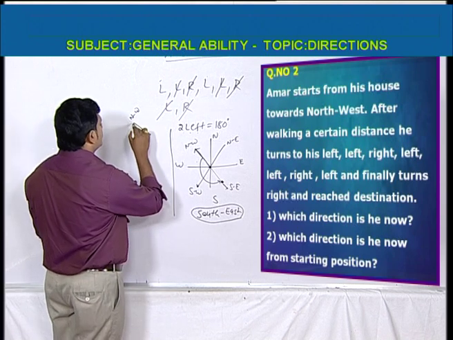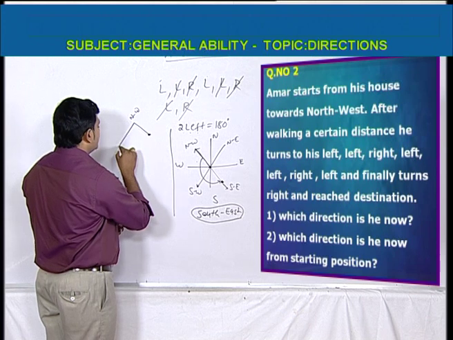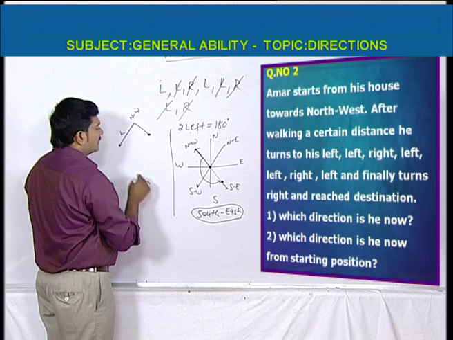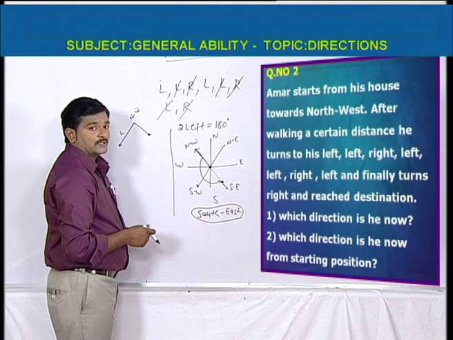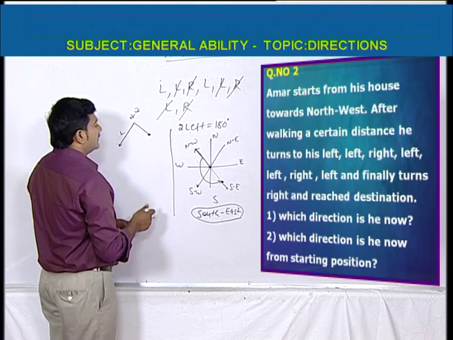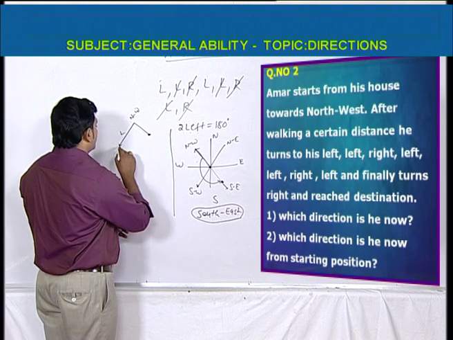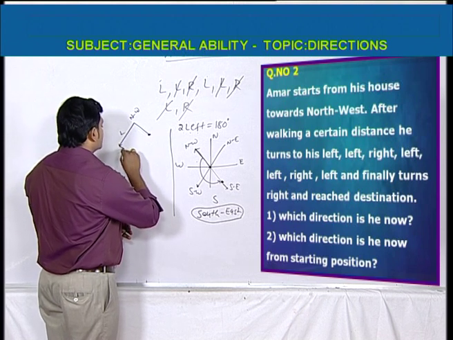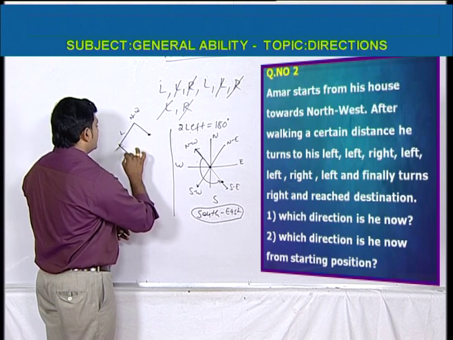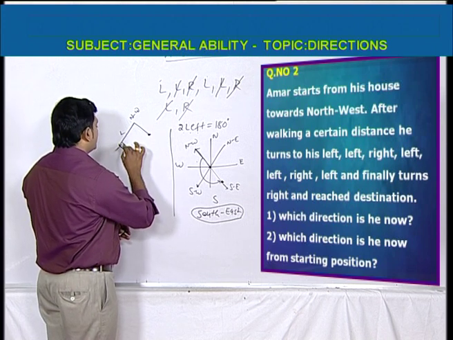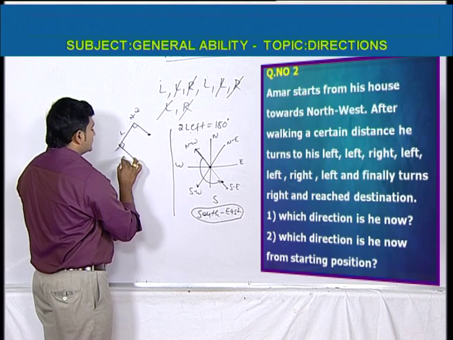So this is 1 left. 1 left means indirectly he came to the southwest direction. And secondly, one more left is there. One more left means you have to get the angle between these two as 90. So this is another left.